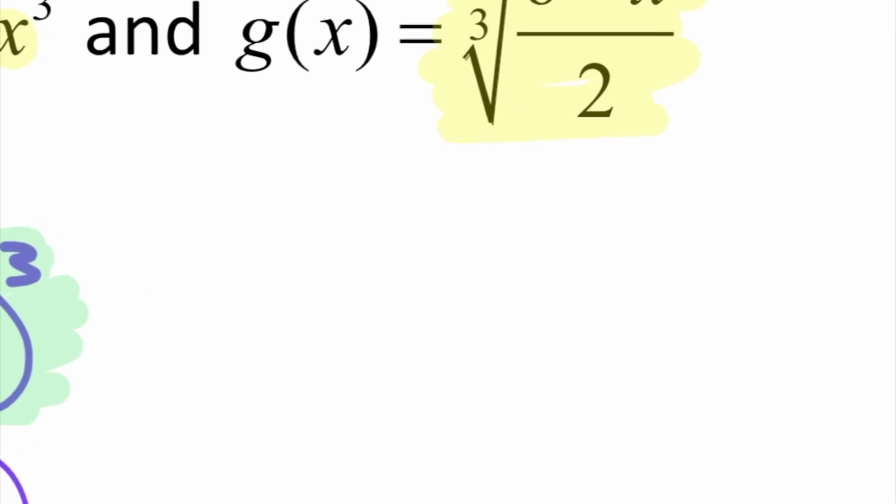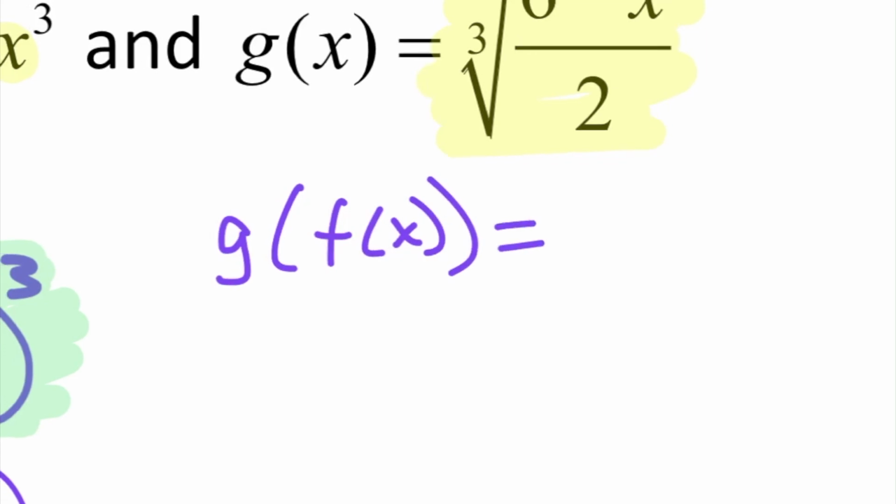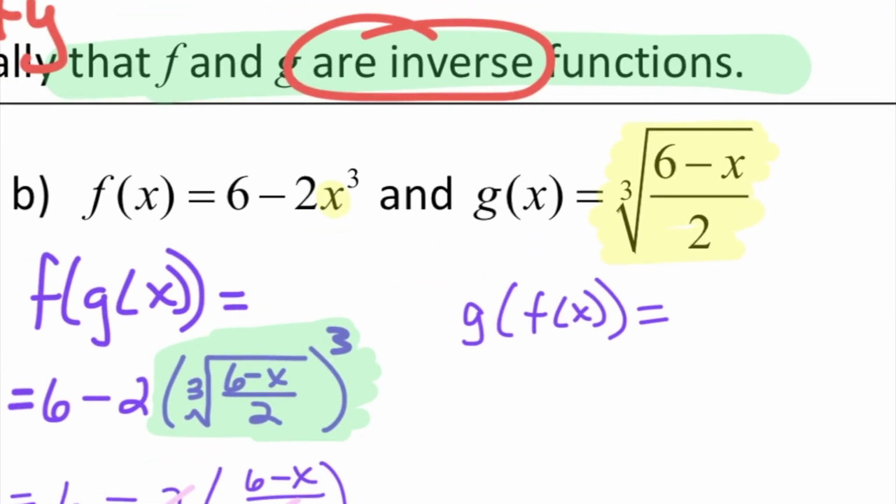And then I wanted to do g of f of x. And this time I am going to take the expression, hang on while I get rid of all the highlighty stuff, I'm going to take the expression 6 minus 2x cubed and put it where the x is in the numerator of that big ugly fraction inside of that big ugly cube root, but watch everything cancel real fast.